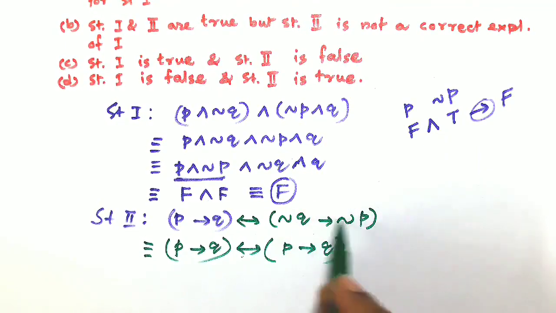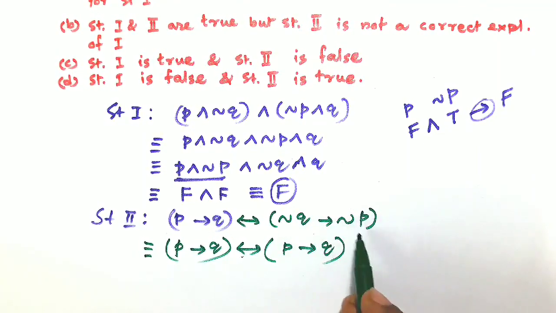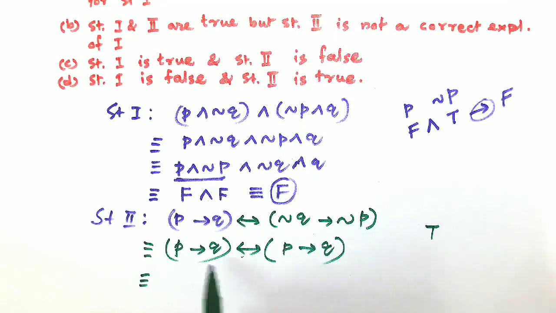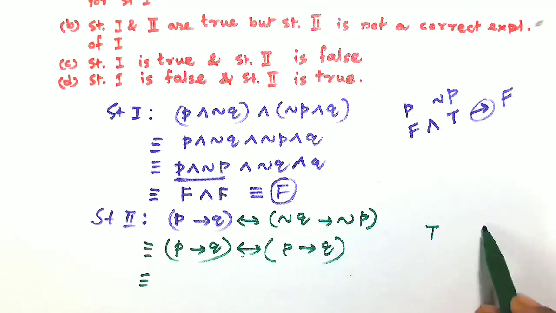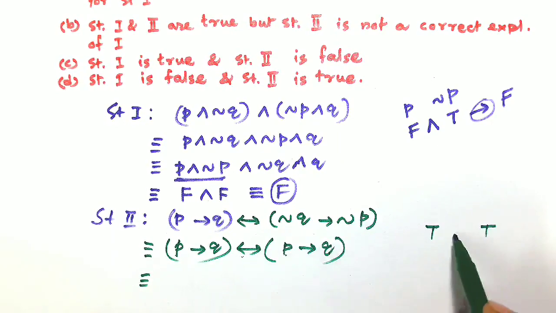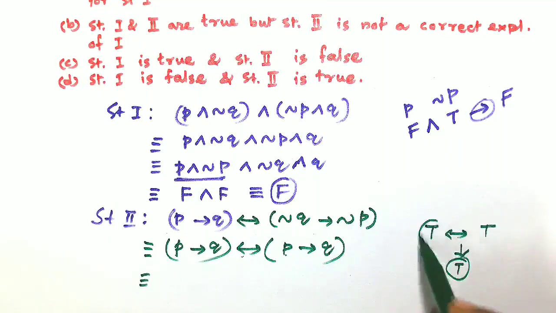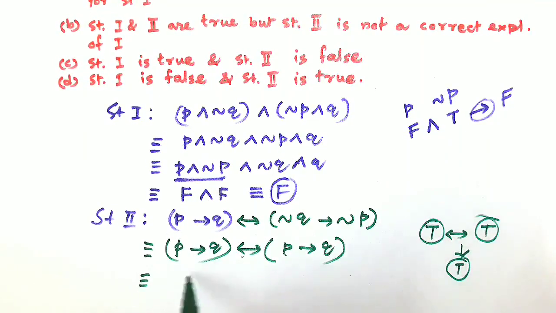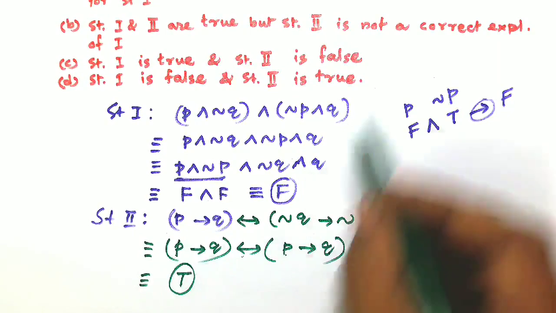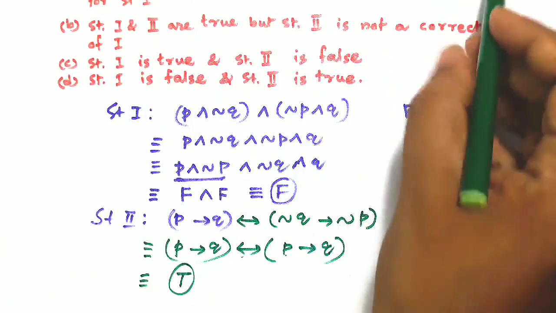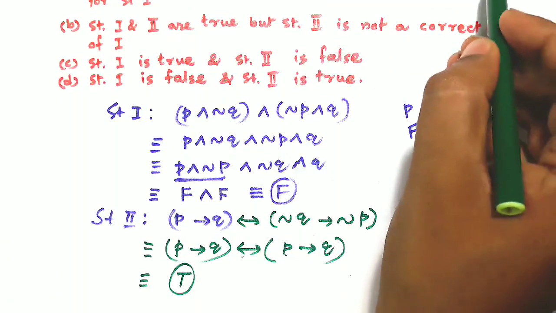P implies Q is actually negation Q implies negation P. So since the double implication sign is used here, suppose P implies Q is true and P implies Q again should be true, and the double implication between them will give you the output true. So friends, this is actually true. So this is a tautology. The second statement is a tautology, so the second statement is also true.